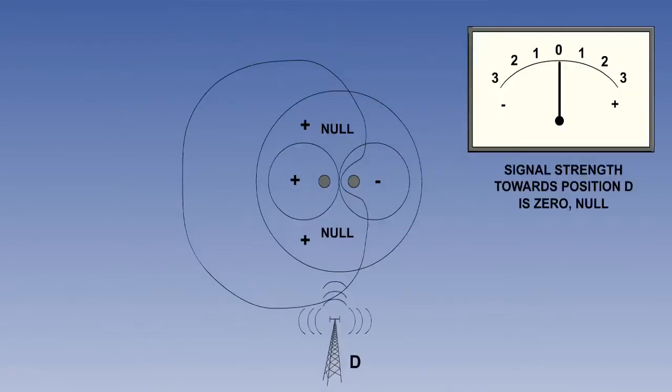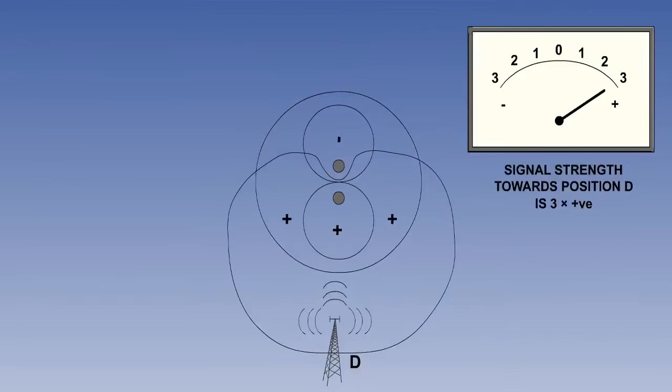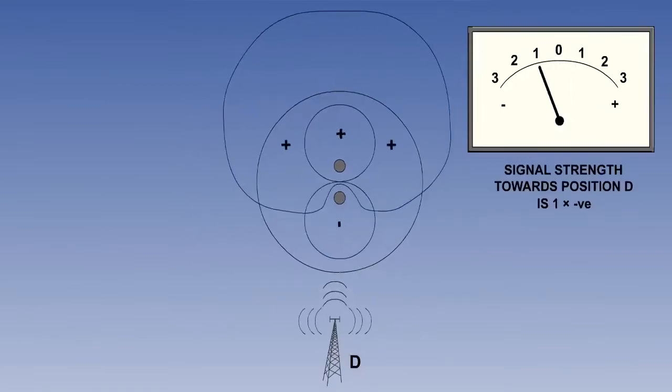If, for example, the transmitter is at position D, the loop antenna senses a null, which means the transmitter is either at D or B. If the loop is rotated anti-clockwise, the combined polar diagram of signal strength will rotate with it, and signal strength will increase, confirming that the beacon is at position D. If the loop is rotated clockwise, the signal strength will decrease.